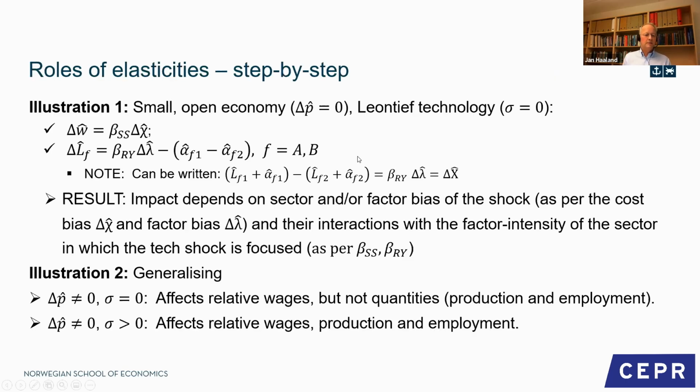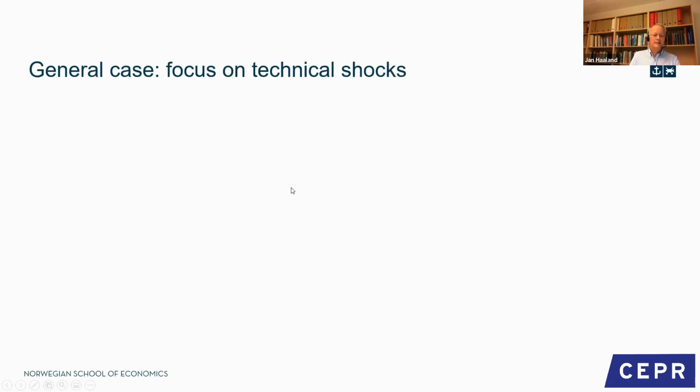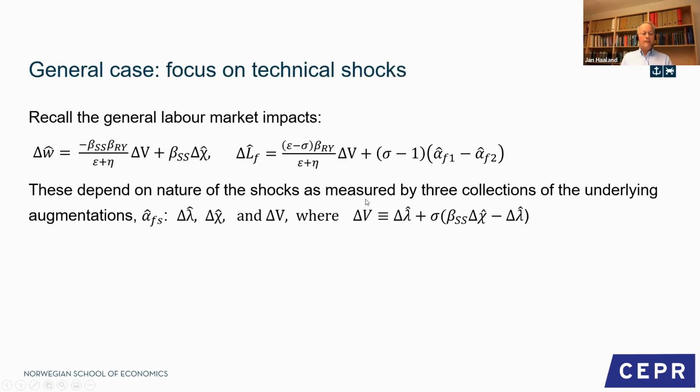What we try to do is to see step by step how the various elasticities work by starting with a small open economy with given coefficients given on this slide. But I think I'll just move on and say that for the general case, these two equations, which are more or less what I showed you before, show how the wage and the relative employment effects depend on the nature of the shock.